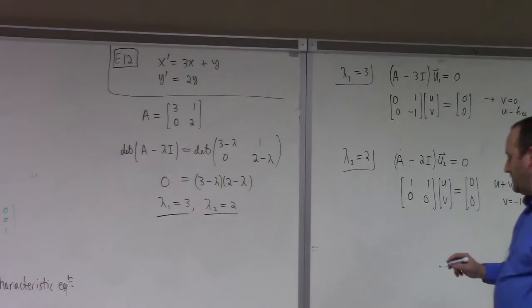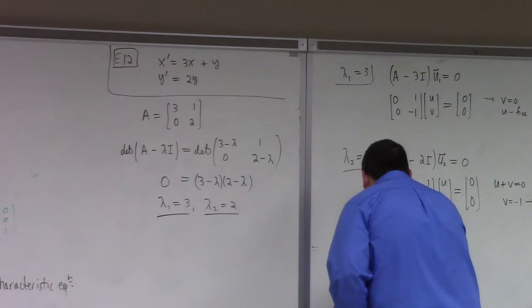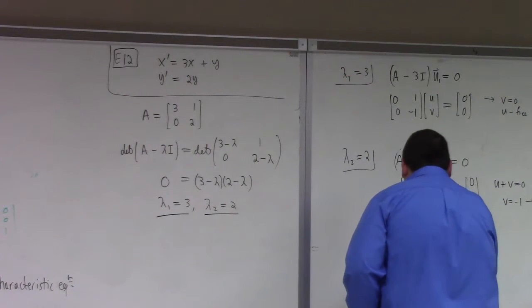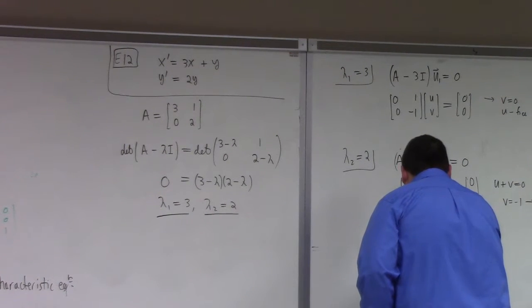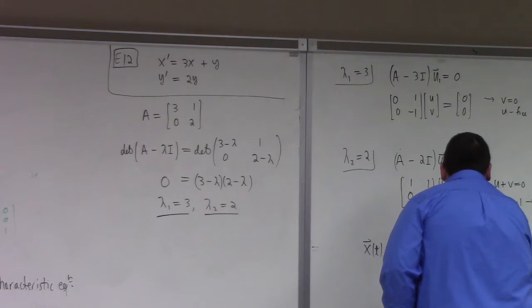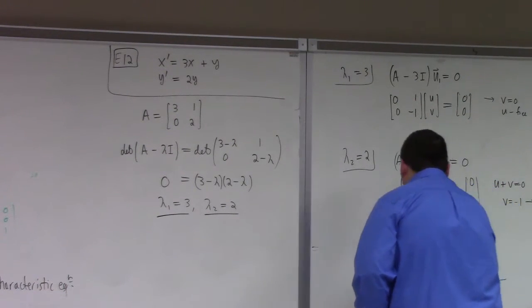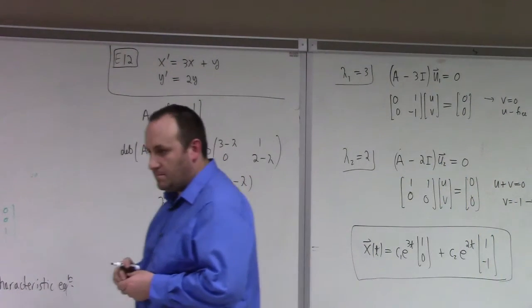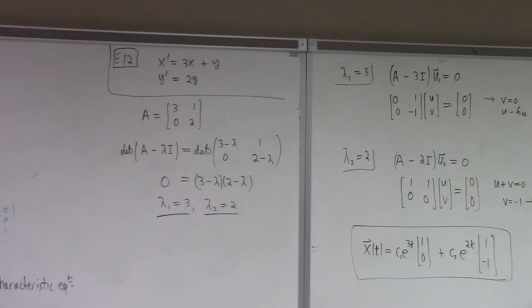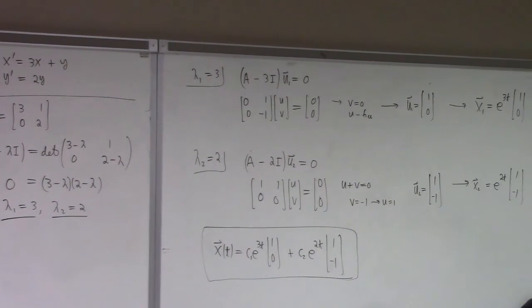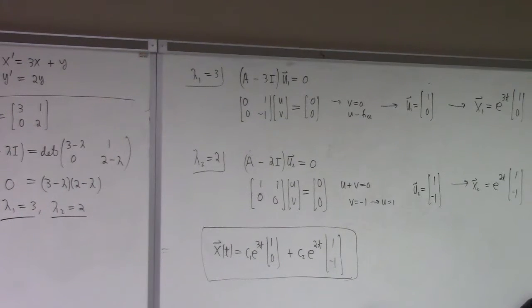So the solution to this differential equation is c1 e to the 3t (1, 0) plus c2 e to the 2t (1, -1). That's your general solution in vector format by the eigensolution technique, which is not general. There are matrices which this won't work for.